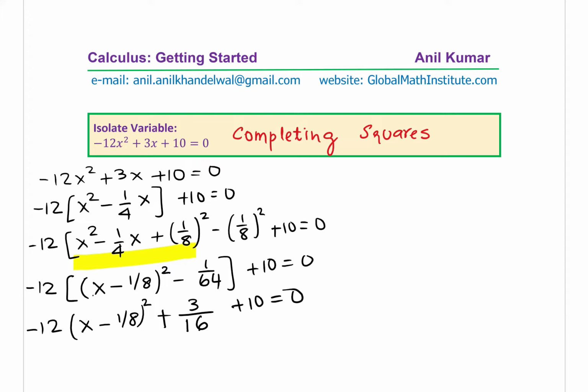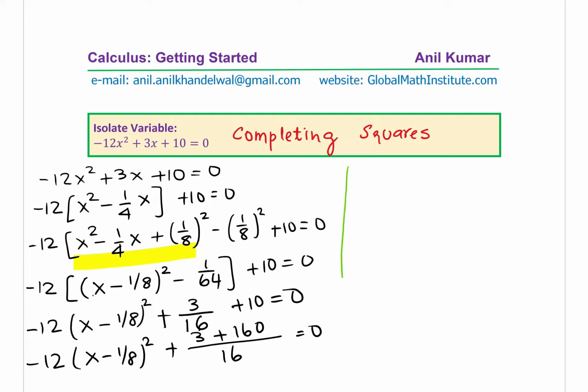Now, to isolate, let's take the constant terms to the right side. So we get minus 12 times x minus 1 over 8 whole square. And for the time being, let me write them here only. 16 is the common denominator. 3 plus 160 equals 0. Let's divide this page.